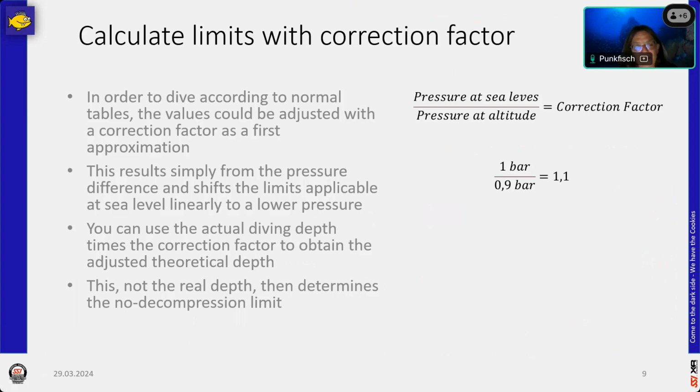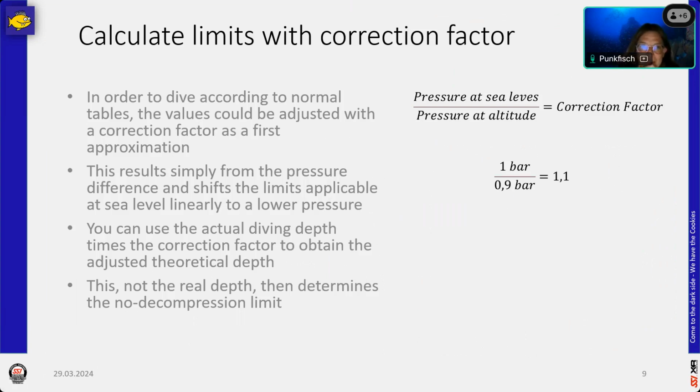And now, if you're not just doing a very shallow dive, but you are diving at 24 meters, you have the same effect on your body as you would have when diving to 30 meters at sea level.